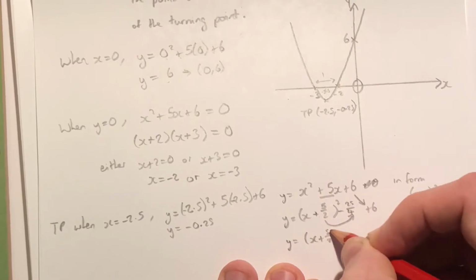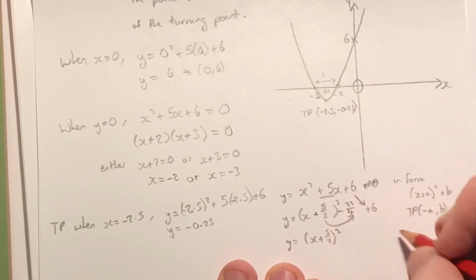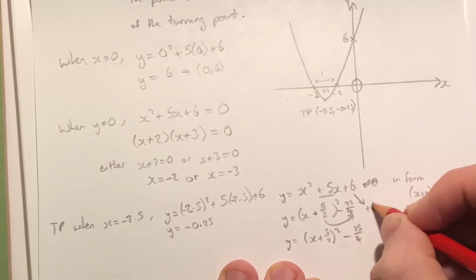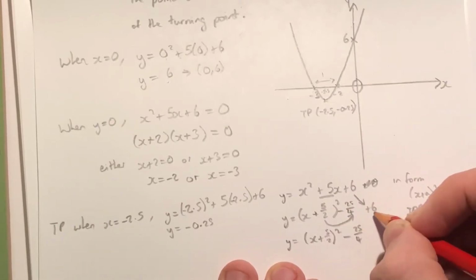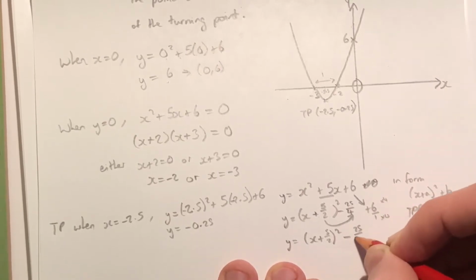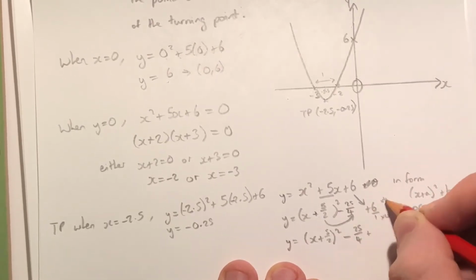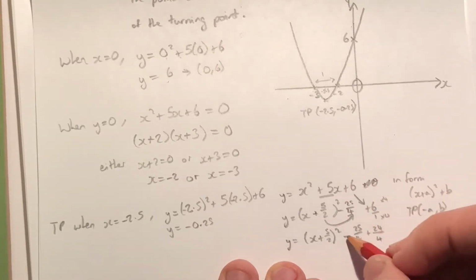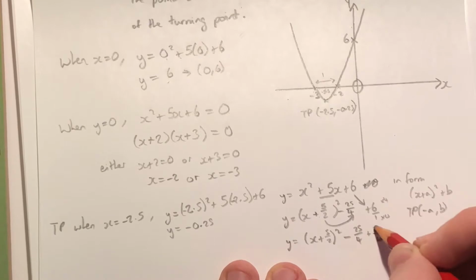So now x plus 5 upon 2, all squared, minus 25 upon 4. We have to incorporate this plus 6 in here somewhere. So let's just say that's 6 upon 1. And we're going to times top and bottom by 4 to get the denominators to be the same. So 6 times 4 is 24. 4 times 1 is 4. So we're going to now go minus 25 upon 4 plus 24 upon 4.